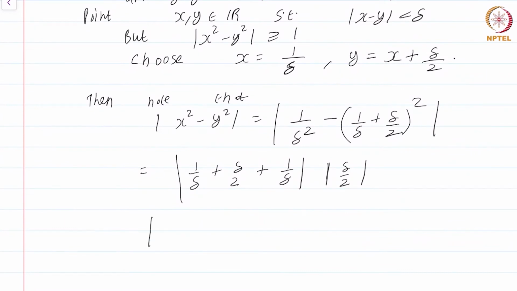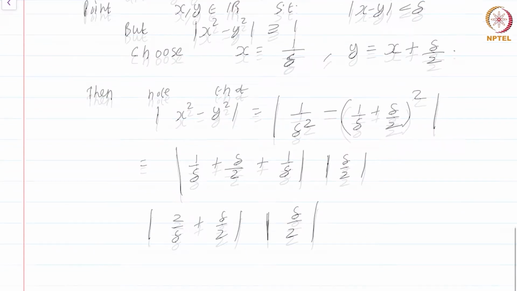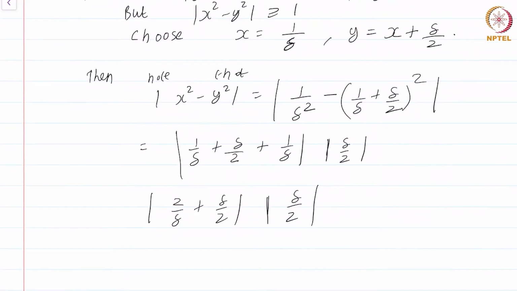So you will get modulus of 2 by delta plus delta by 2 into mod delta by 2. When you multiply this out, it's clear that you get some quantity which is strictly greater than 1.